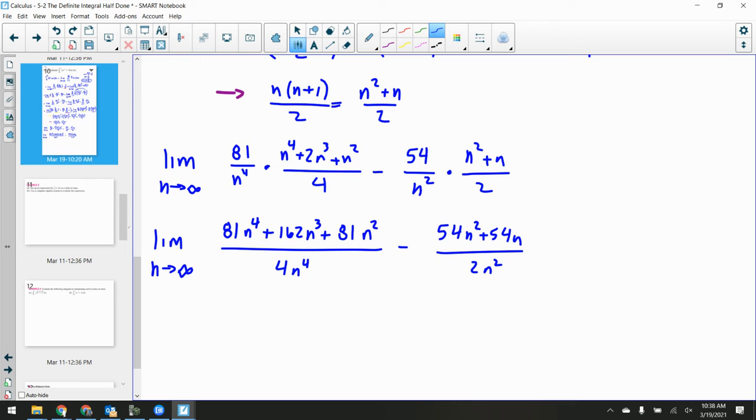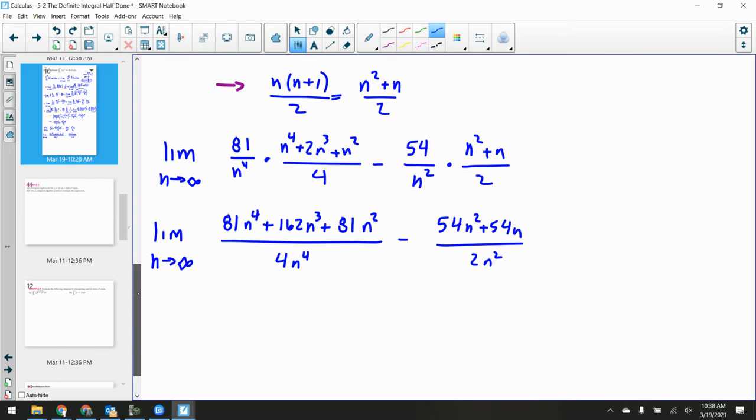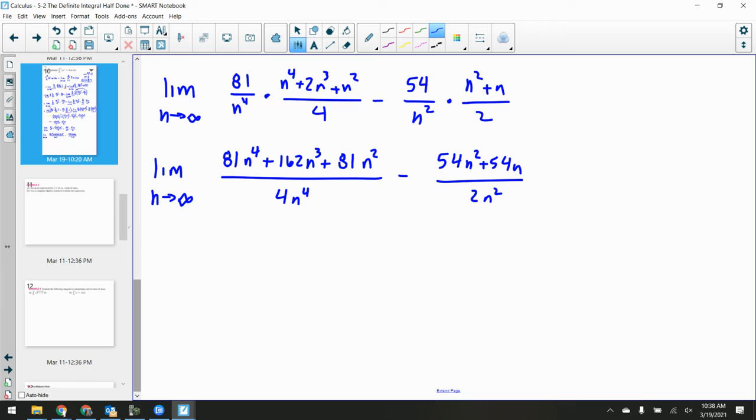And now I'm going to uncommon the denominator. I'm not going to let that go above the page. Okay, good. I'm going to make this denominator go to each piece and see what happens here. This is going to be 81n to the 4th over 4n to the 4th. Well, my n to the 4ths are going to cancel, leaving me just 81 over 4, right?